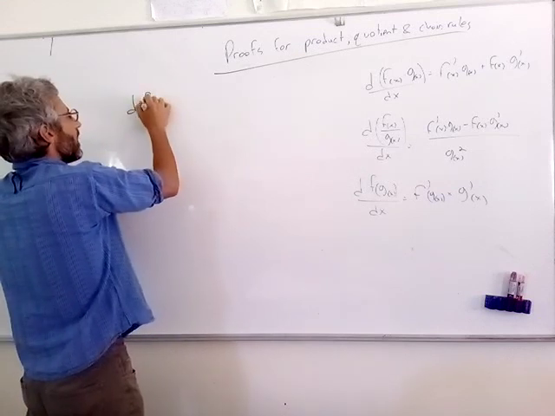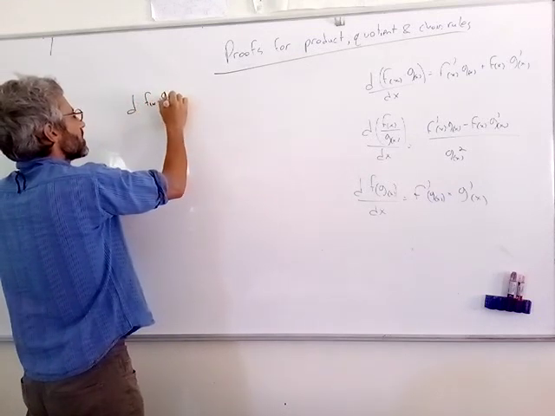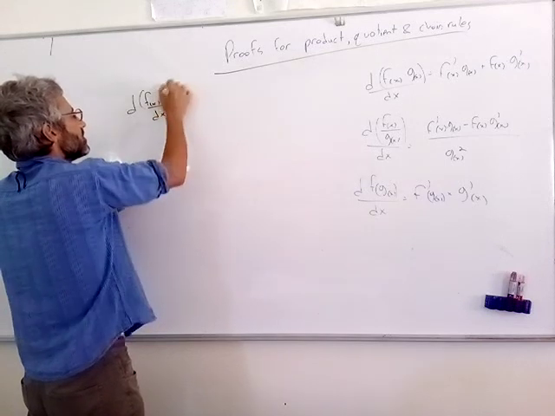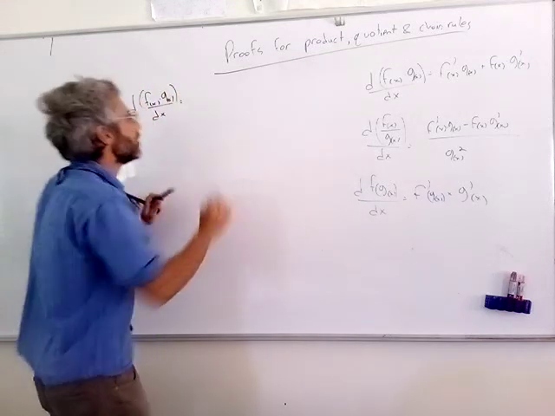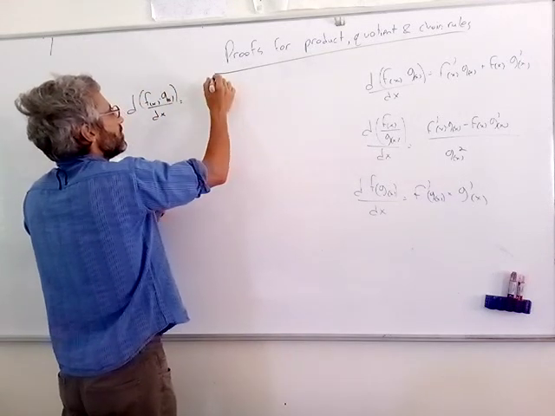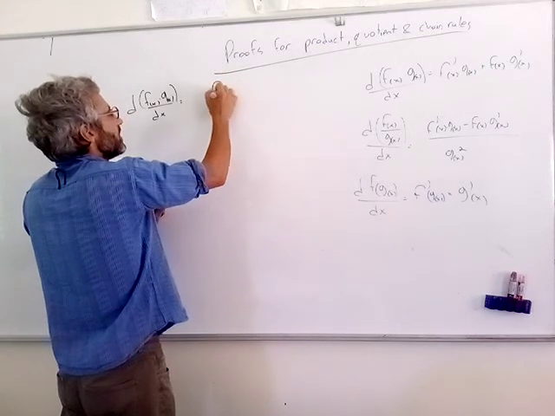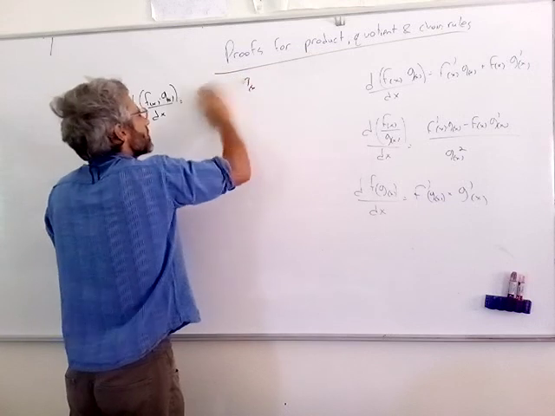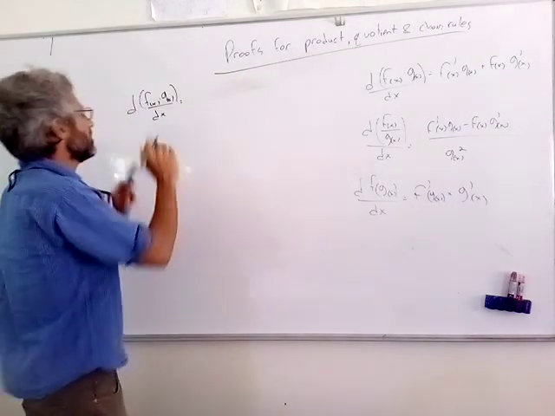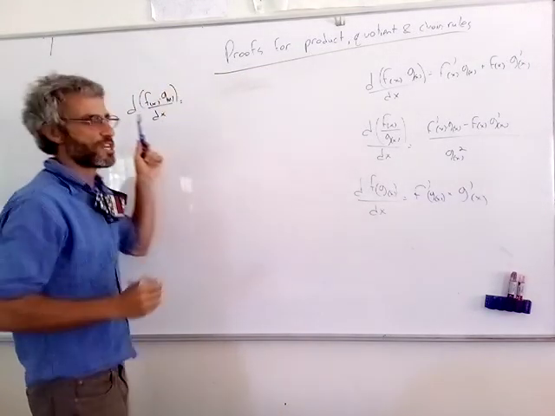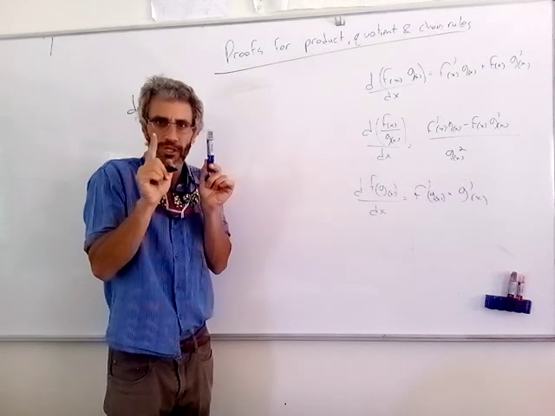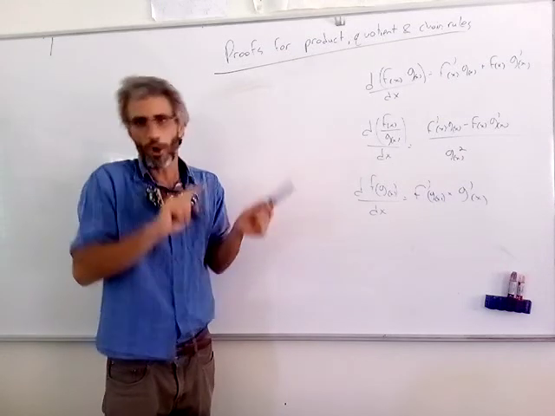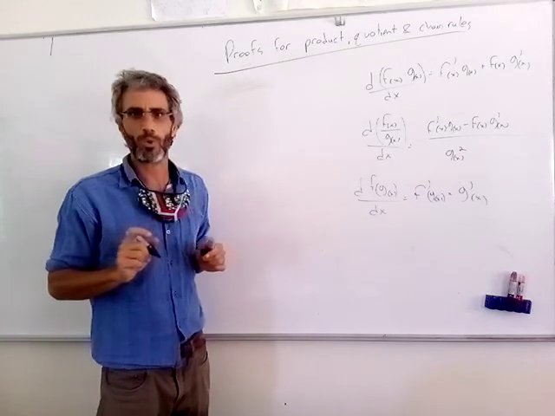So d/dx of f(x) times g(x). The definition of derivative is basically, let's write it like this, sorry. What I need to do is find the difference, the delta y over delta x, where delta x approaches 0.